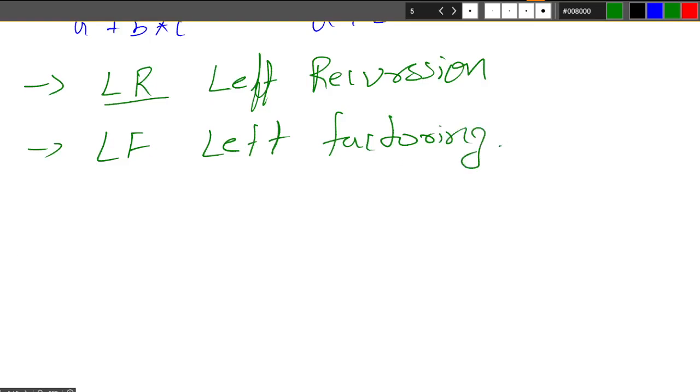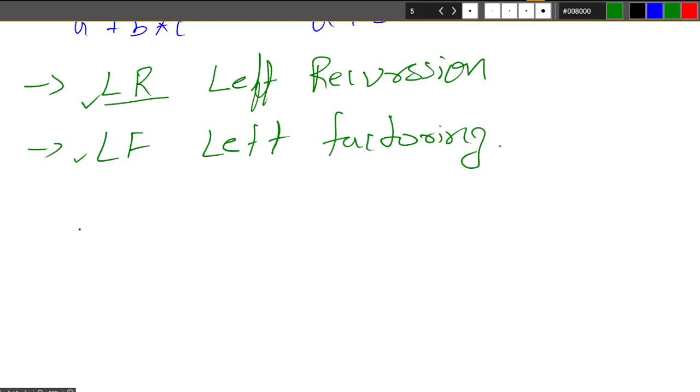So whenever there is a left recursion or left factoring, we try to remove this left recursion or left factoring before giving this grammar to our parser. Okay.